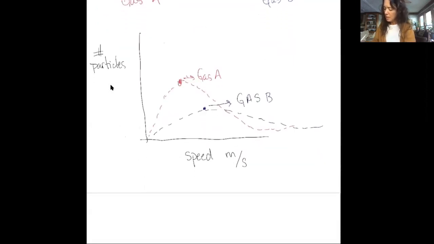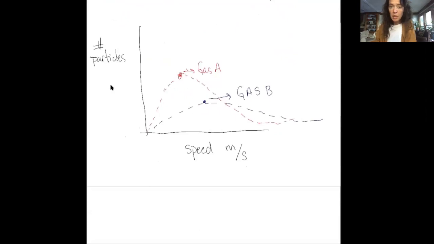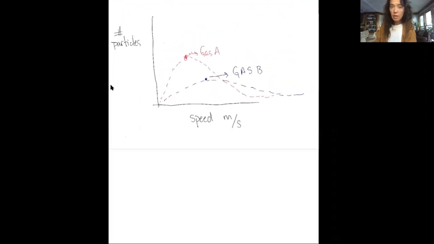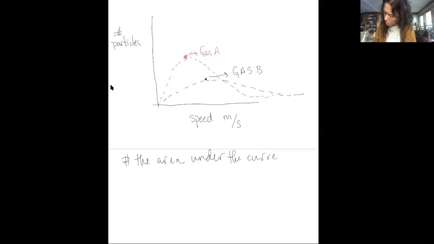Now, a couple things you need to know in looking at this curve is that the area under the curve is the number of particles.